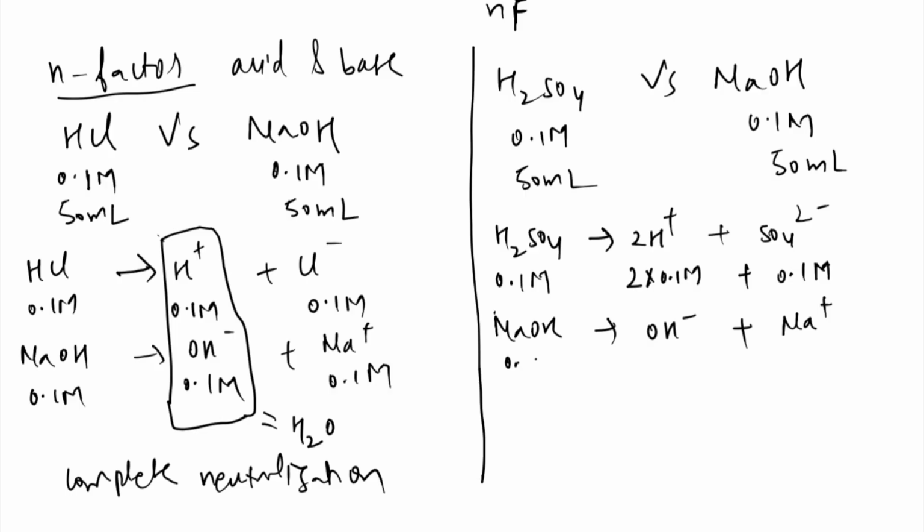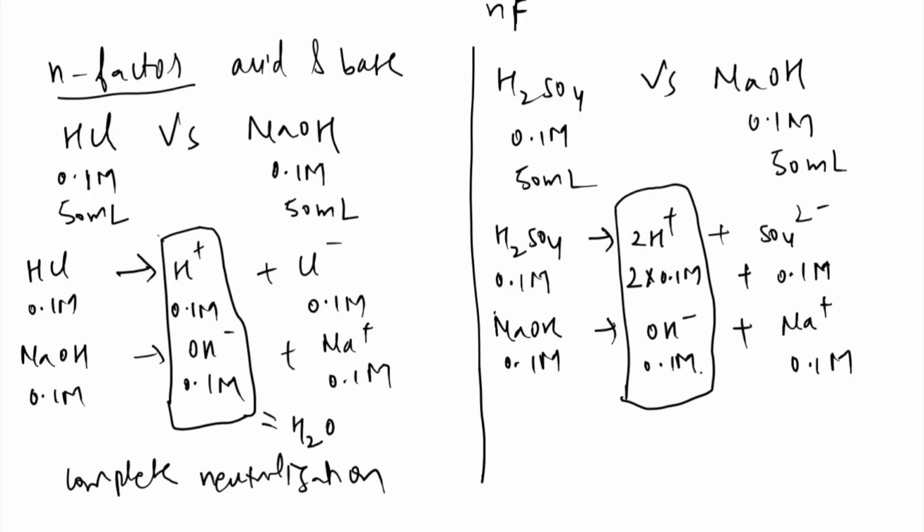If I am starting with 0.1 molar of the NaOH, this is giving 0.1 molar of the OH negative ion and 0.1 molar of the Na positive ion. Here again the neutralization reaction takes place between the H plus ion and the OH negative ion, but here the H plus ions are present in double the concentration of the OH negative ion. So not all the H plus ions will be neutralized by the OH negative ions. Therefore, the solution will be acidic.